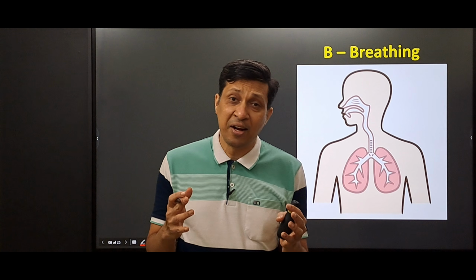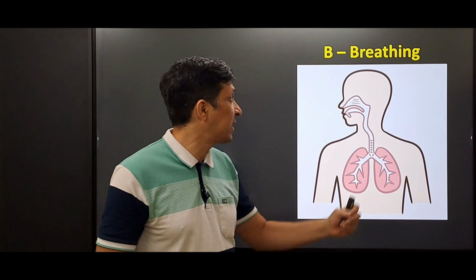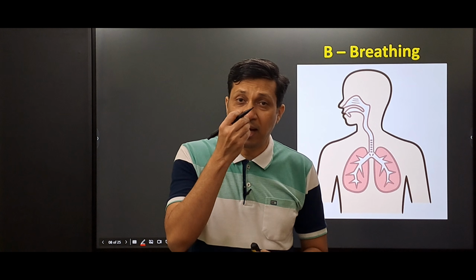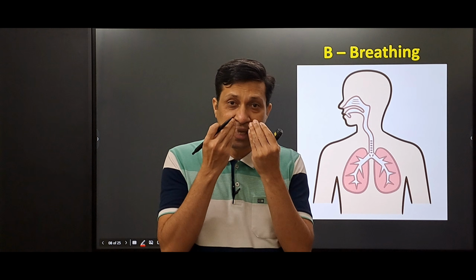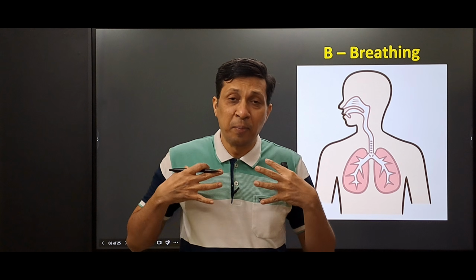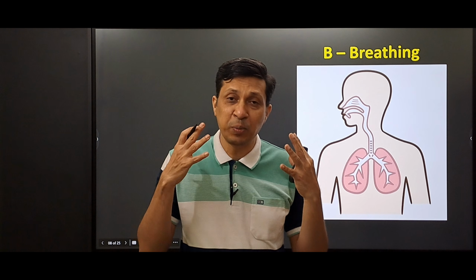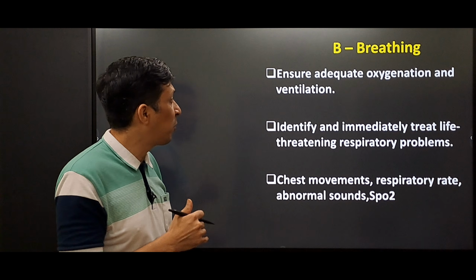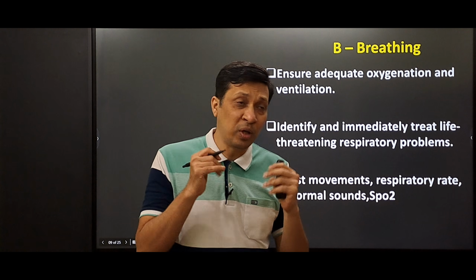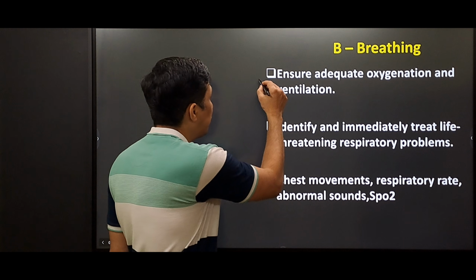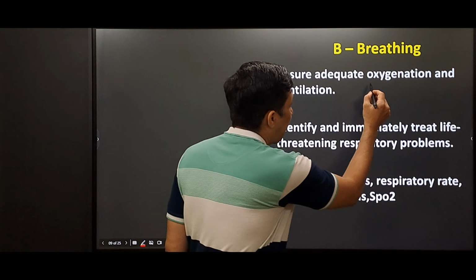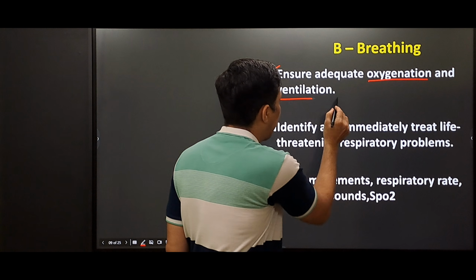Now, after airway, the second thing on the list is breathing. Now, your airway is patent and the oxygen can enter through the airway, but the breathing apparatus has to be in proper form. So what is our goal here? Our goal is to ensure that there is adequate oxygenation and ventilation.